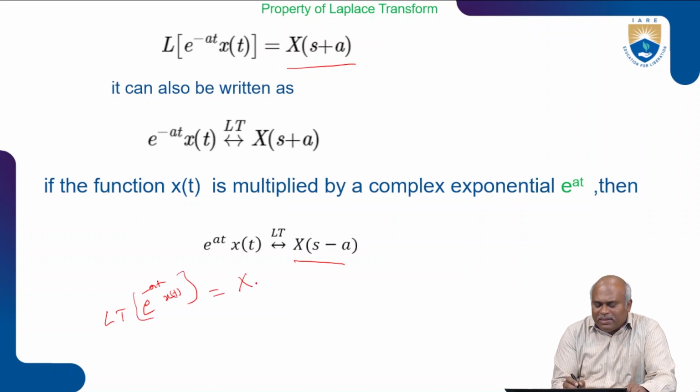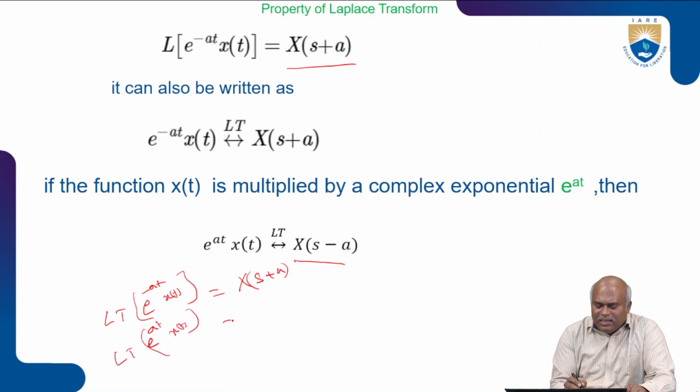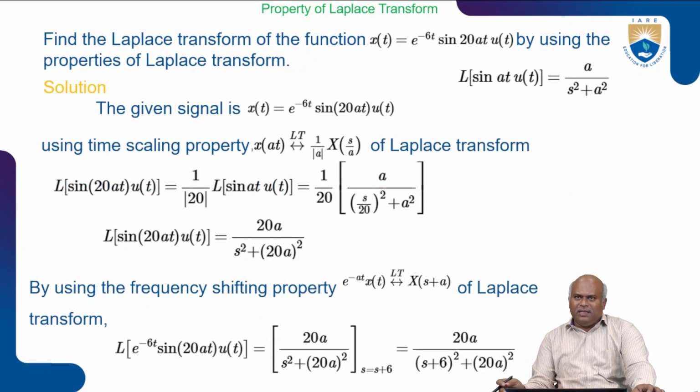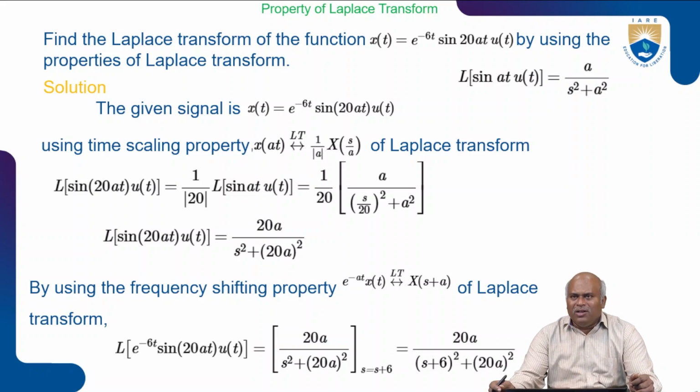The output is represented as x of s plus a. But the Laplace transform of e power at x of t is x of s minus a. We got both the terms we studied. Next, we go and solve some problems based on these two properties.